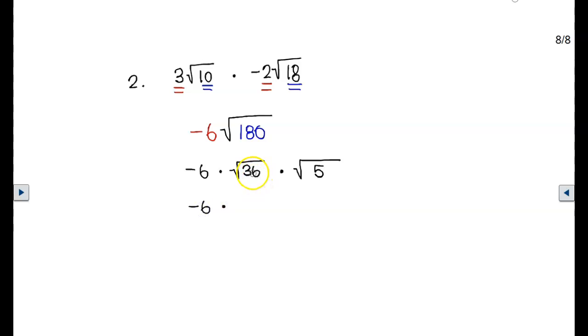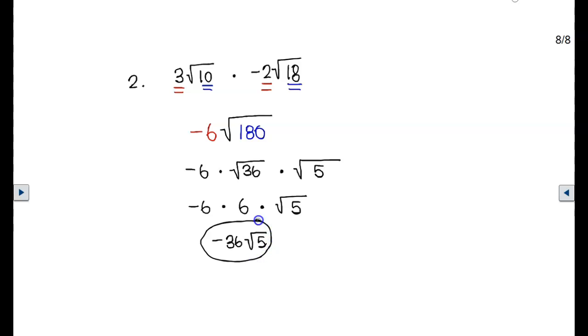The square root of 36, what can I multiply times itself to get 36? The answer is 6. And then the square root of 5 we cannot do. So we get negative 6 times the square root of 5. And when you multiply negative 6 times 6, you get negative 36 times the square root of 5 as your final answer.